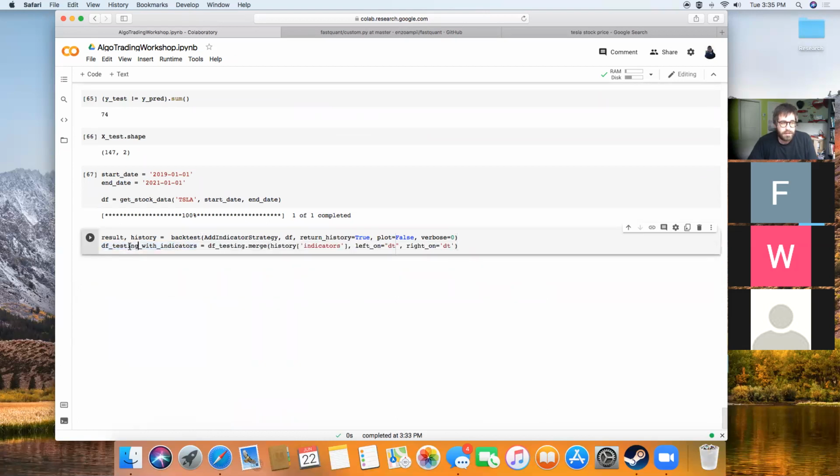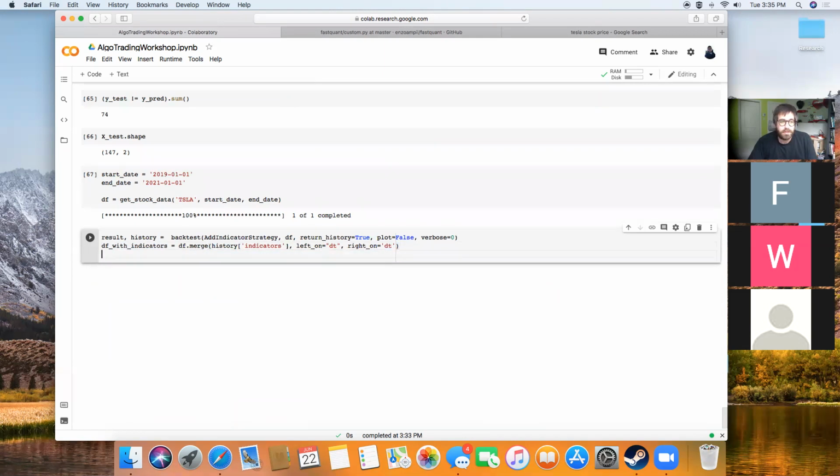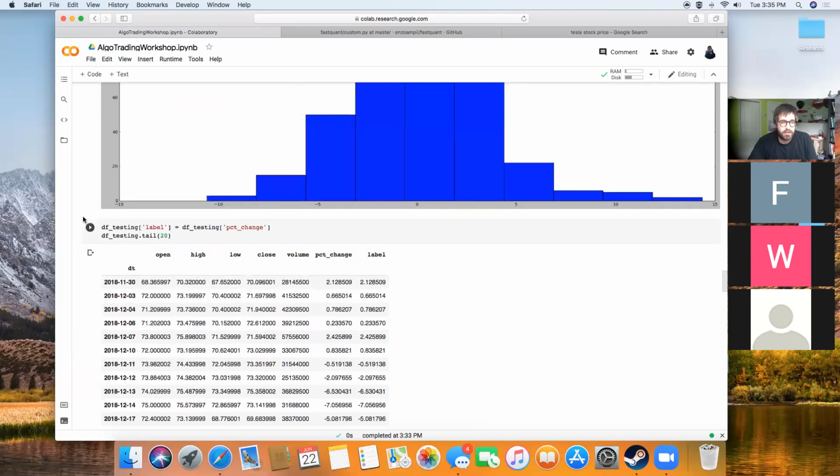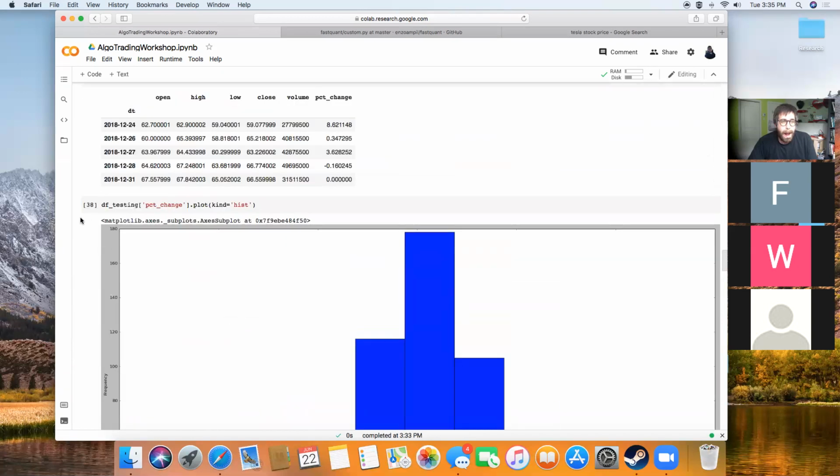So df, merging the indicators with data with the dt, and we also dropped the other two things.